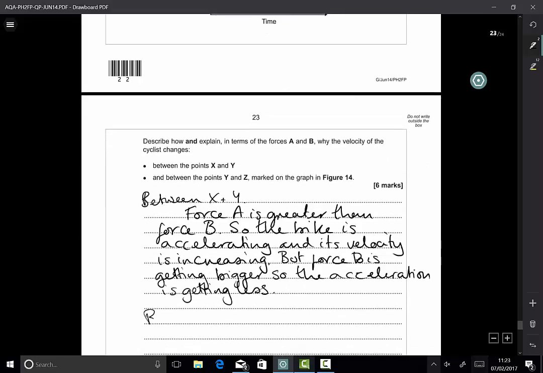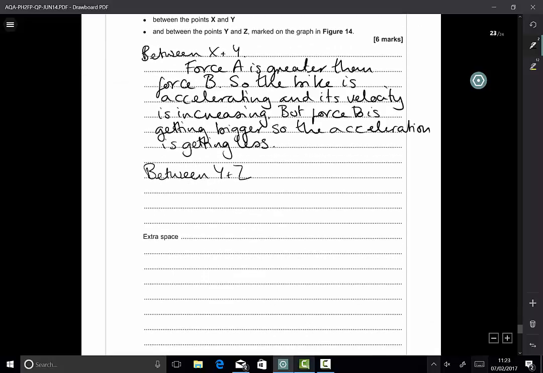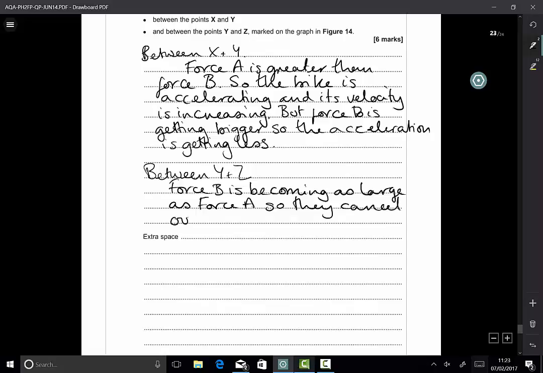Okay, between Y and Z, force B is becoming as large as force A. So they cancel out. The resultant force, that's the word for the overall force, is going to be 0.